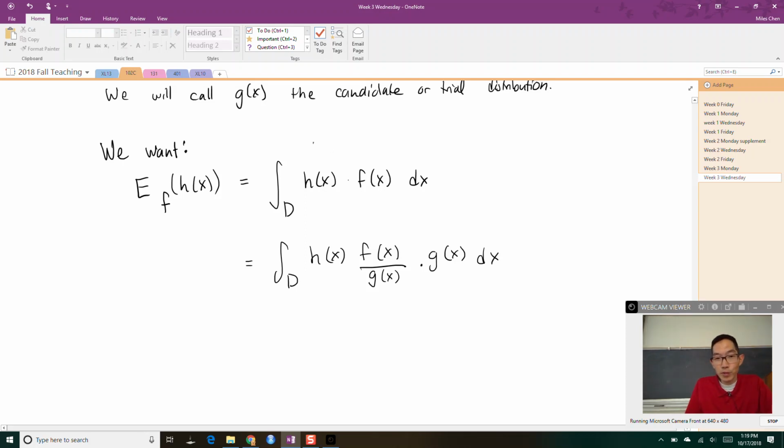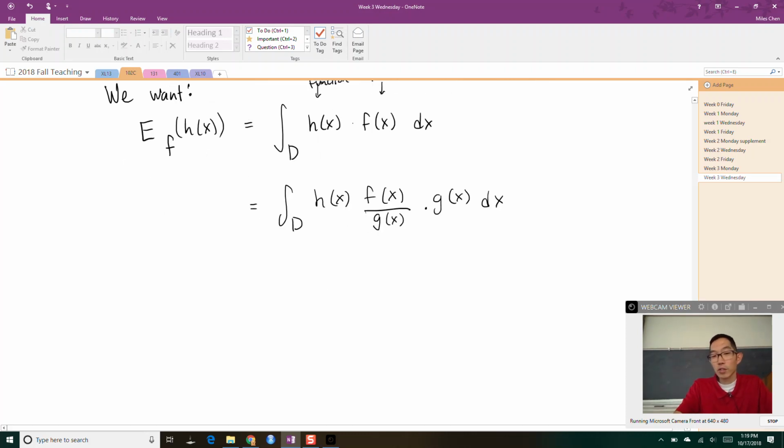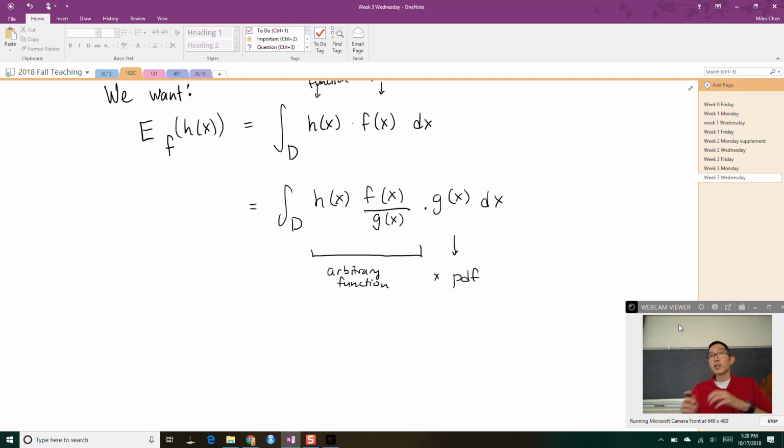So remember, this is in the form of an arbitrary function times a PDF, okay? Can I factor this into an arbitrary function? Yes, okay? So this becomes our arbitrary function times a PDF. So we're still in the form of just some arbitrary function times a PDF, okay?